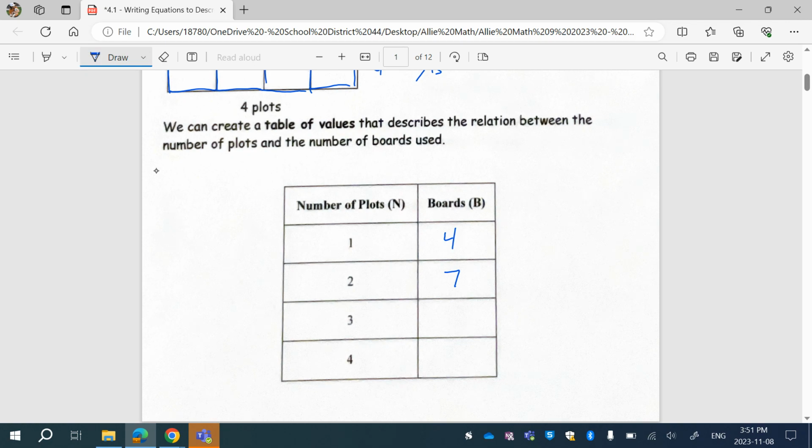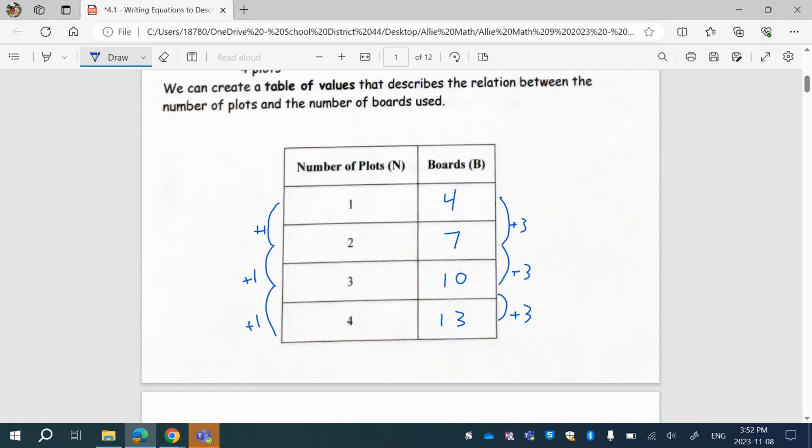For 3 plots, there was 10 boards used. And for 4 plots, there was 13. So you can look and see as we go up by 1 here, plus 1, plus 1, plus 1, we go up by 3 here, plus 3, plus 3, plus 3.